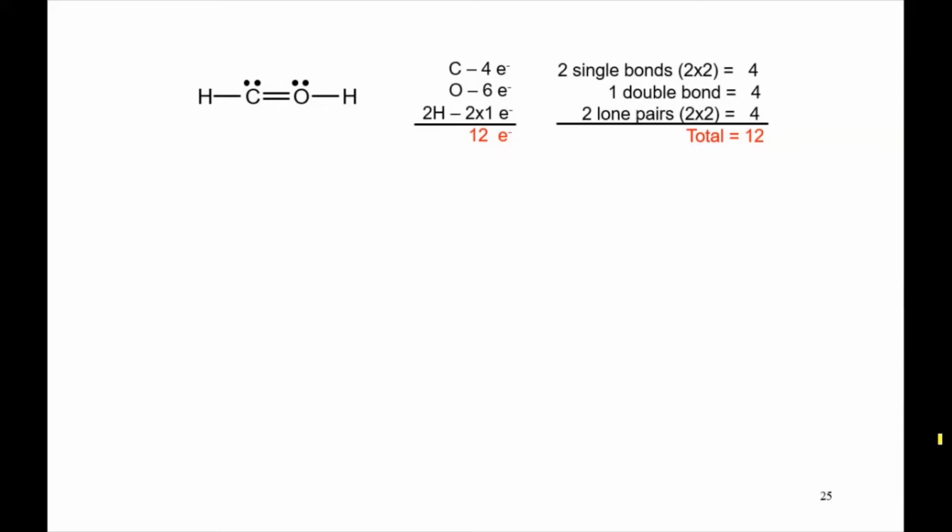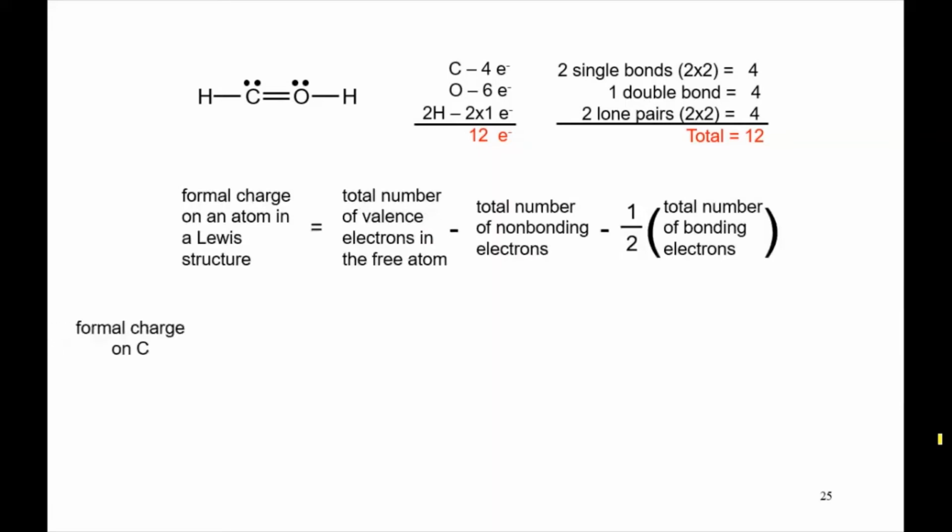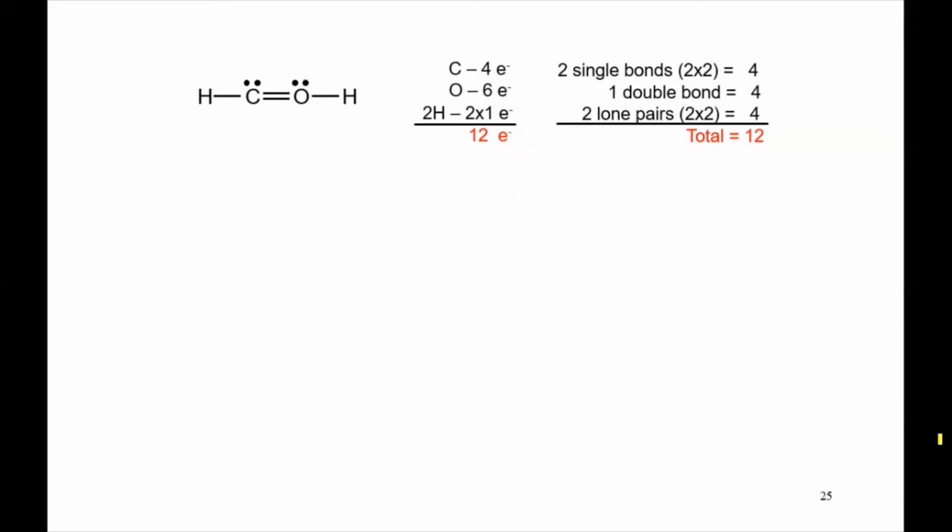Now let's check the octet rule. Before we go on, let's make sure that this obeys the octet rule. We look at carbon, and there are 2 electrons and then 3 bonds, which would be 6, that's 8, so that works.